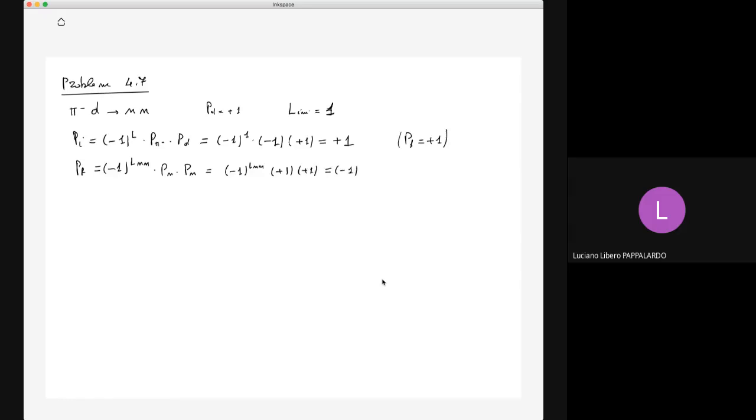So this is just (-1)^(L_nn), and this must be equal to +1 because we are enforcing parity conservation. And so as a consequence of this, we know that L_nn can only be an even number, so 0, 2, 4, etc.